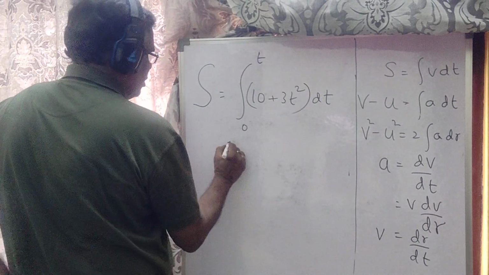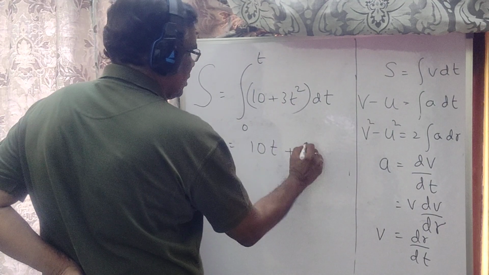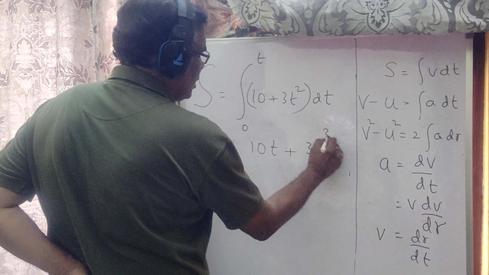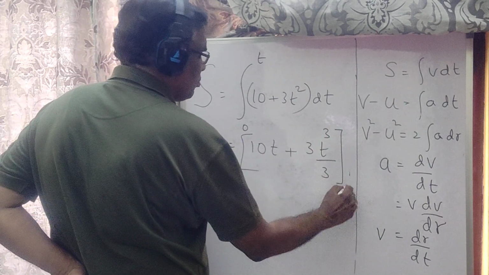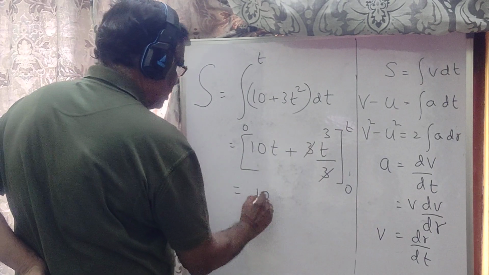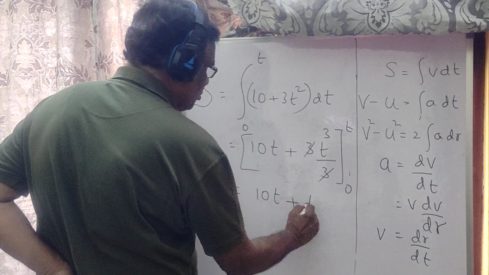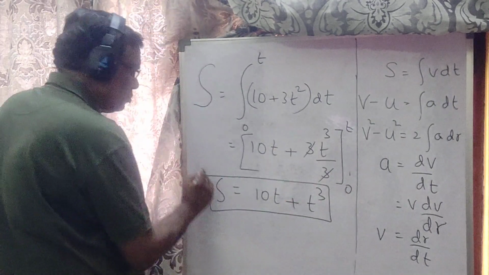Simply obtain this. So you get 10t plus 3 times t square, which is t cubed by 3, from 0 to t, 3 gets cancelled. So that gives you this displacement expression.